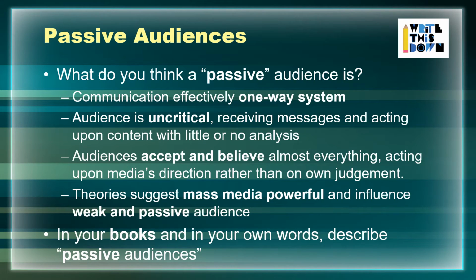Passive audience theories basically suggest that the mass media are incredibly powerful and influential and thus quite dangerous, and that the audience, you, me, everyone else, are comparatively weak, passive, and easily influenced.